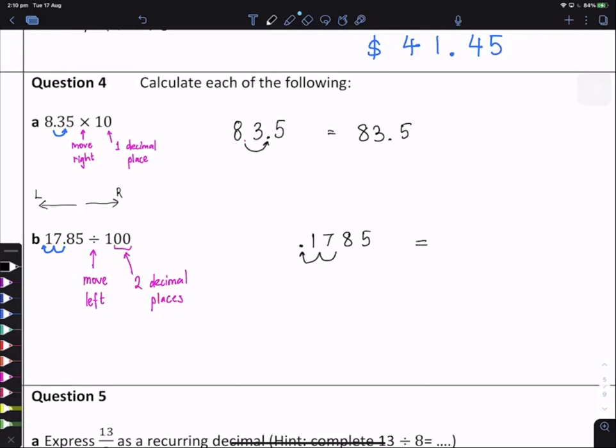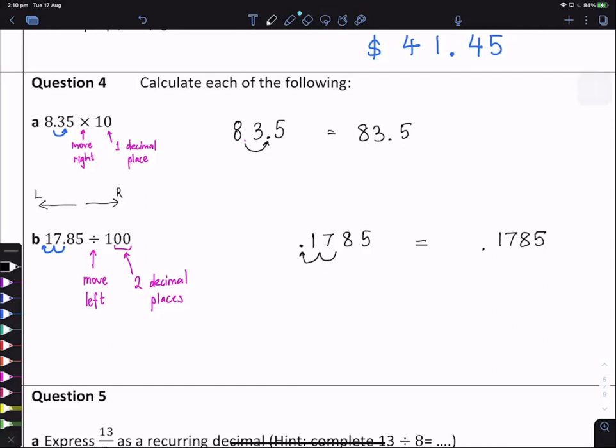Fantastic, Angelina. I think that it's 1785. If we write our answer as 0.1785, do you think I would accept that? Mohammed, fantastic as well. Tana, Riley, fantastic for answering left. 1785.